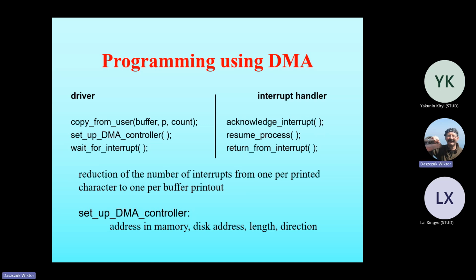Setting the DMA controller is sending to the controller the address in memory, the address on disk, the length of transmission, and the direction, read or write. And wait for the interrupt. Interrupt handler: acknowledge the interrupt, resume the process, return from interrupt. So it's extremely simple.